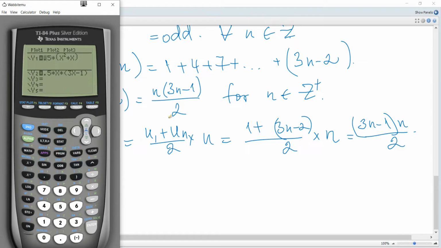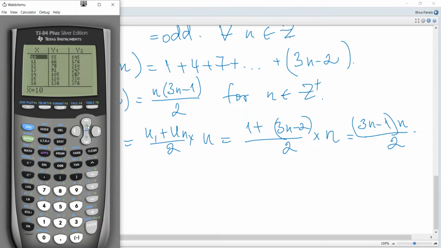And the second is pentagonal, with the general formula n times 3n minus 1 over 2. And then just a table, and we need the same y values.